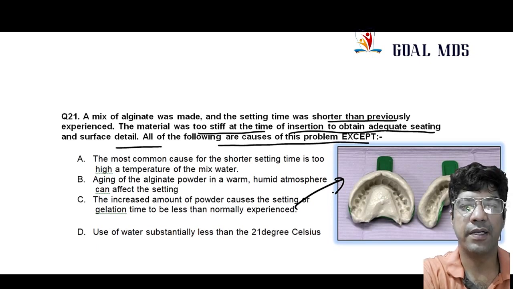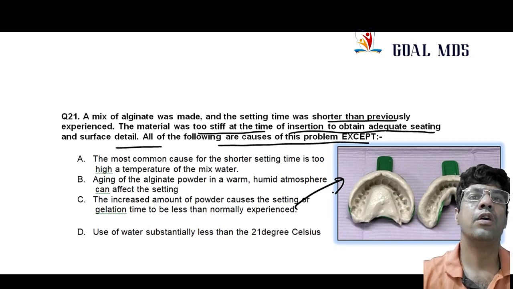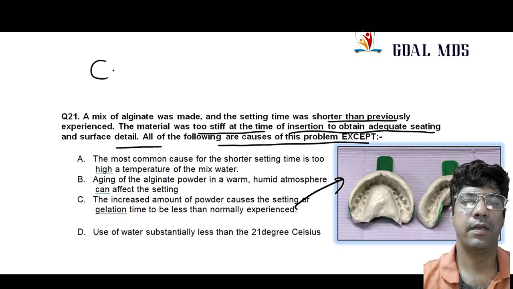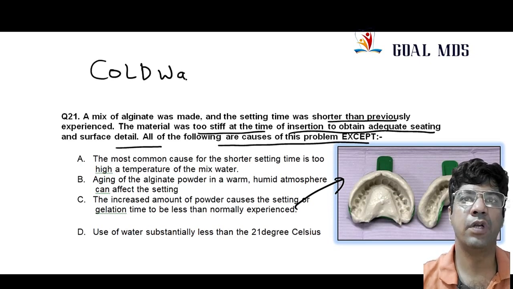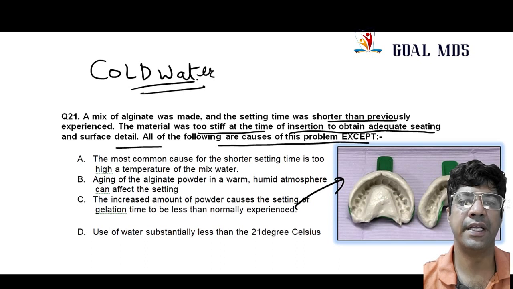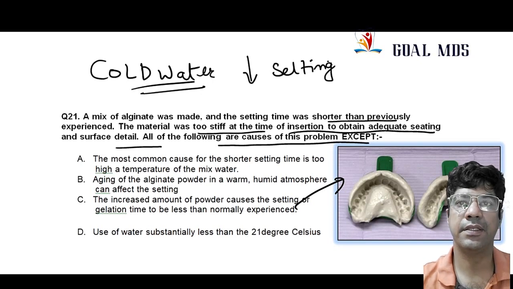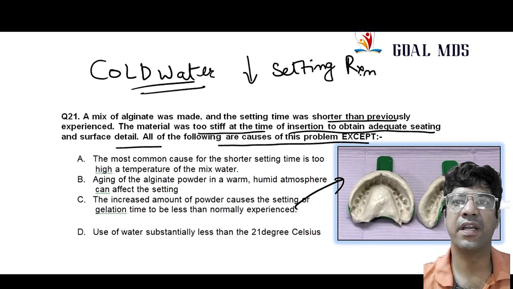Colder water tends to slow down the setting reaction of alginate, which leads to a longer working time.